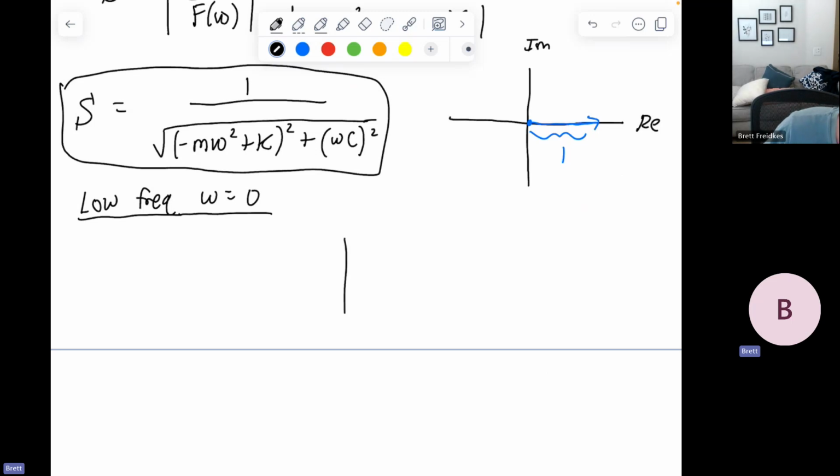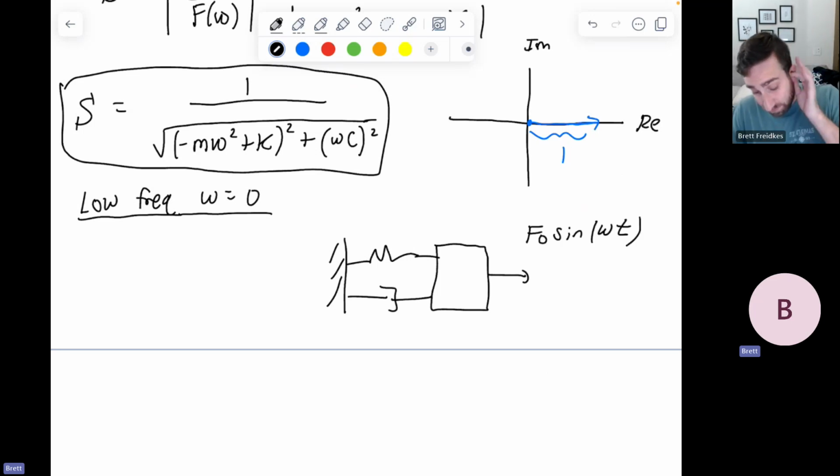If we were to have this spring mass system, and this force in general will be something like some amplitude sine of omega t, or let's make it cosine. And I have f naught cosine omega t.